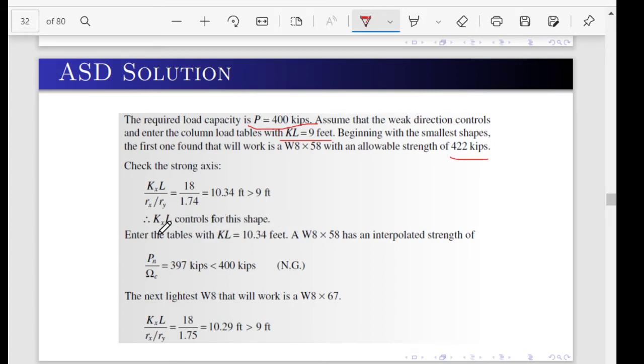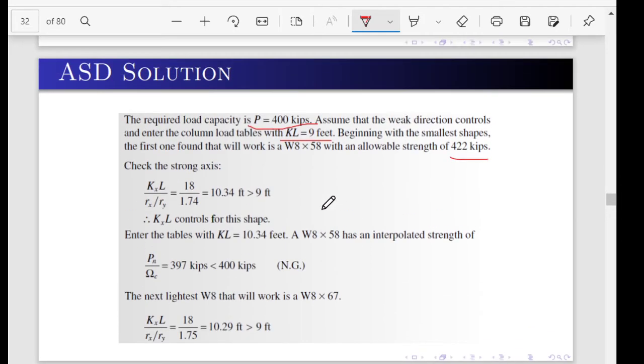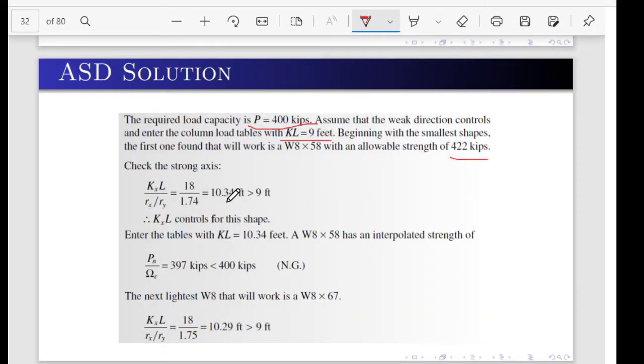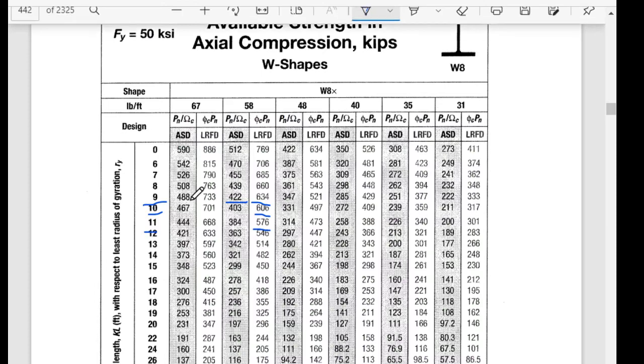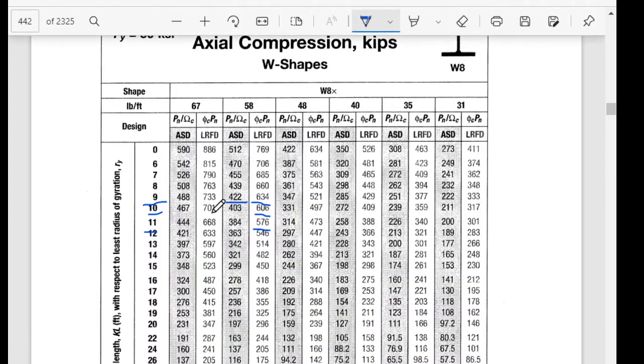And we enter the table through interpolation. The value of your KxL controls since it is larger than that of the weak axis. But in the table, you don't have the exact value. 10.34, looking at W8 by 58, is between 10 and 11.